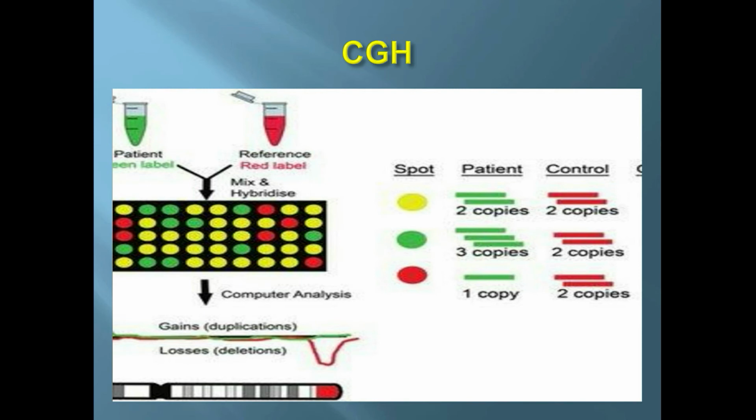The green spot will give me 3 copies for the patient and 2 copies for the control or the reference, and a red signal will give me 1 copy of the patient and 2 copies of the control. This is an example of monosomy, and this is an example of trisomy, while this is a normal diploid baby.